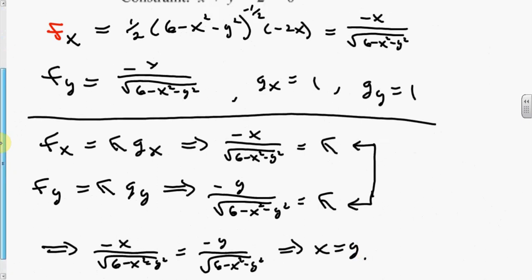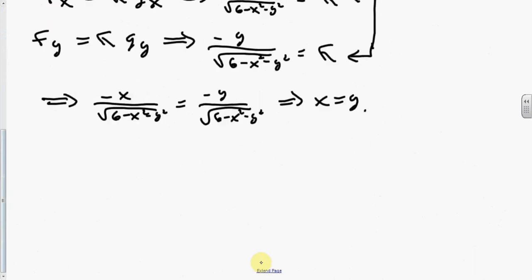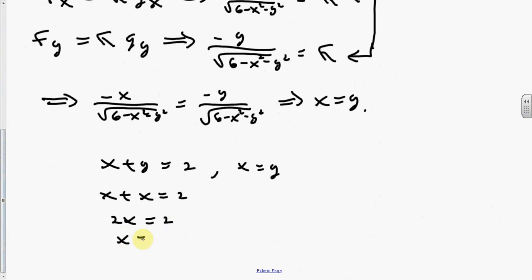So if x equals y, look at that constraint equation, x plus y minus 2 equals 0. That is, x plus y is equal to 2. But since x is equal to y, we have x plus x is equal to 2. 2x is equal to 2. x is equal to 1. But that's also the value for y.